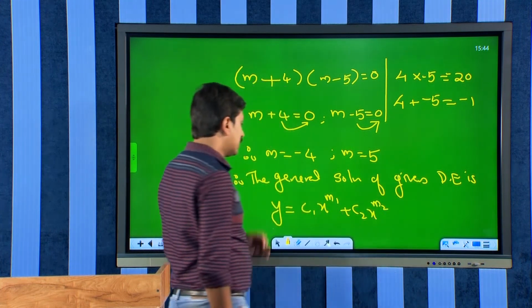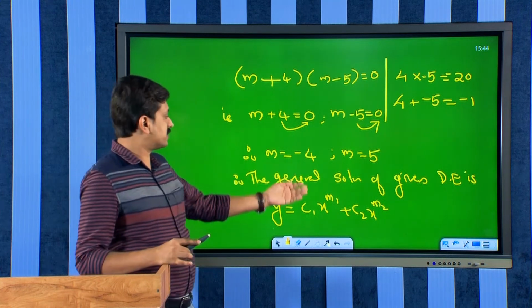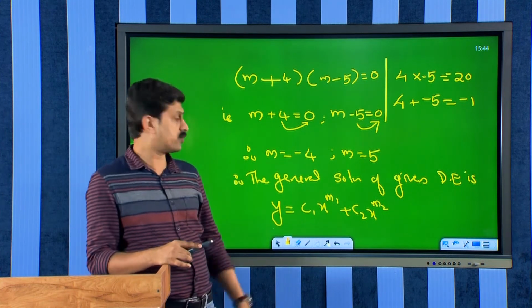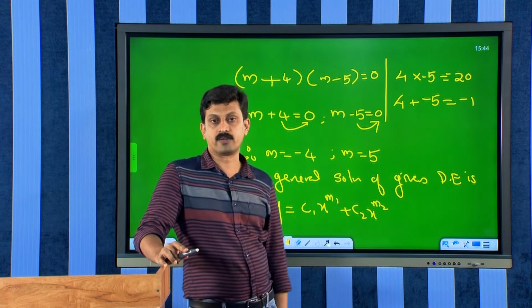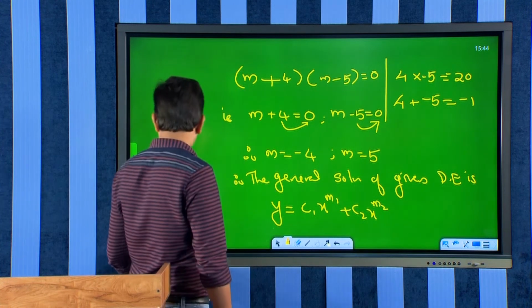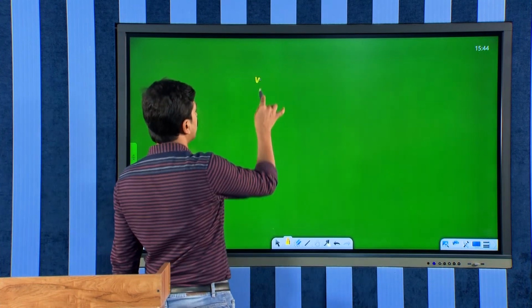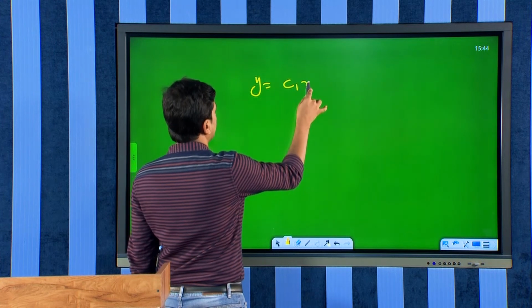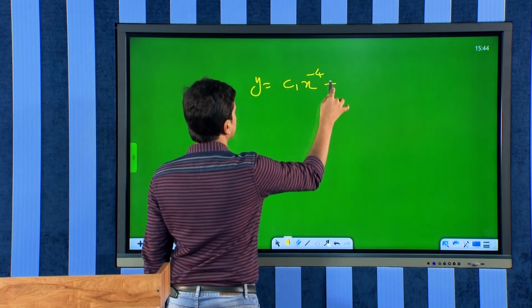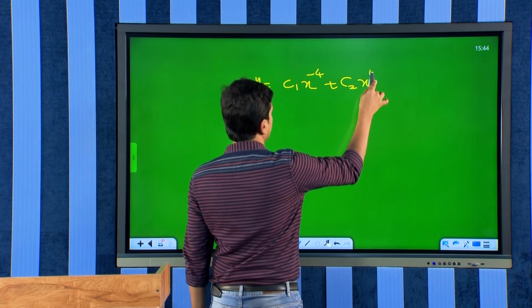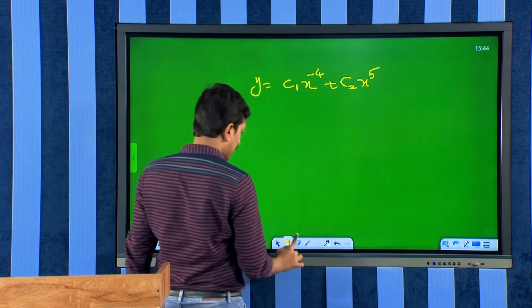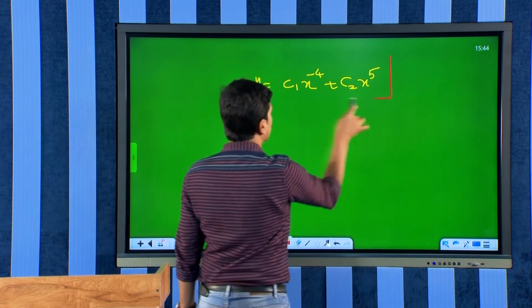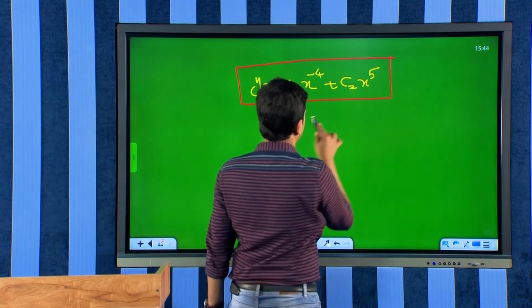Just replace the values of m1 by minus 4 and m2 by 5. So we have y is equal to c1 x raised to minus 4 plus c2 x raised to 5. Okay, this is the general solution of the given differential equation.